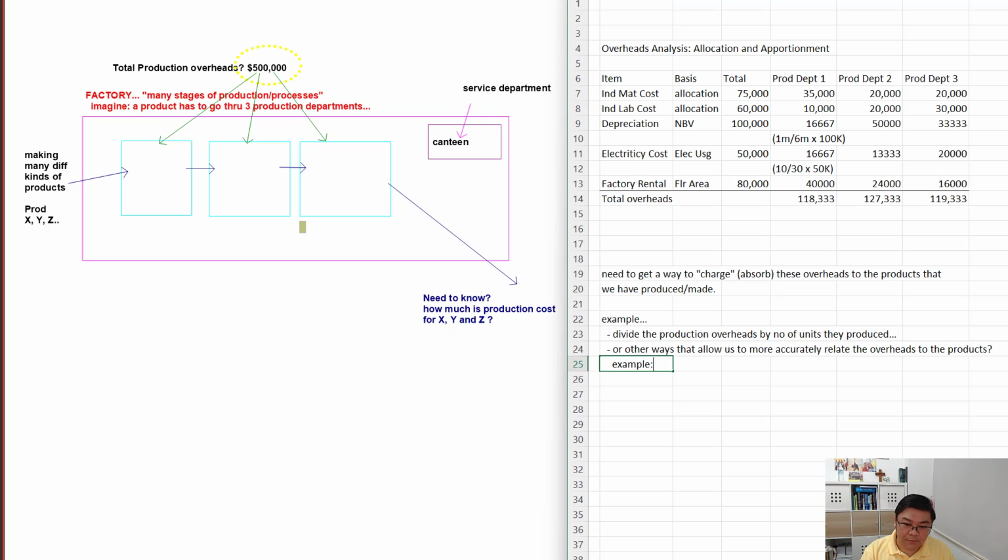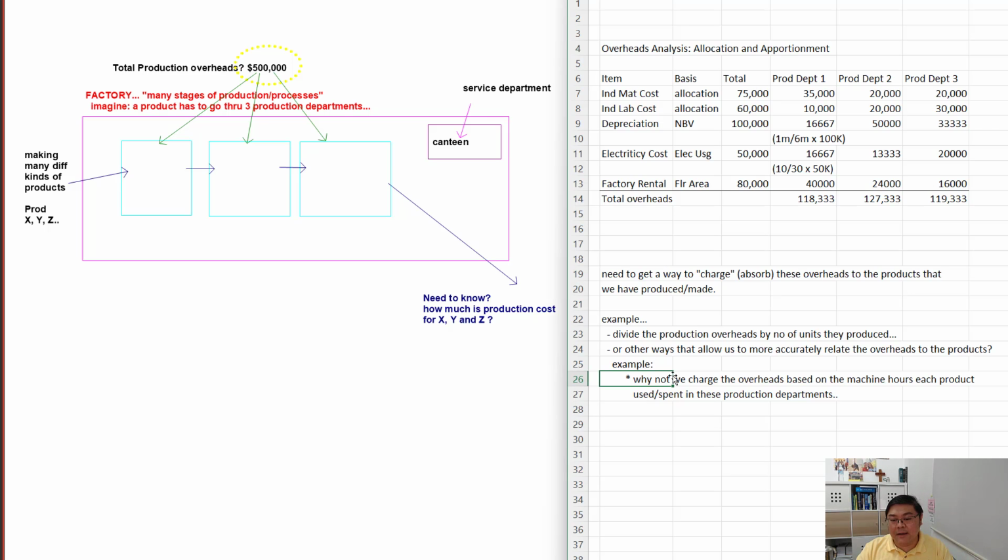Now, for example, some say, why not we charge the overheads based on the machine hours that each product uses or spends in these production departments, for the basic idea that the more machine hours you use, the more overheads you should be taking up.